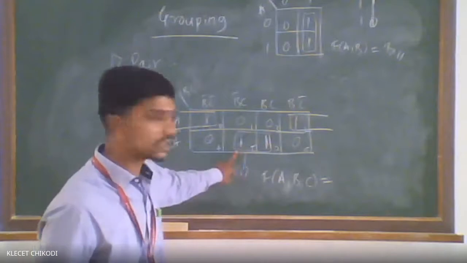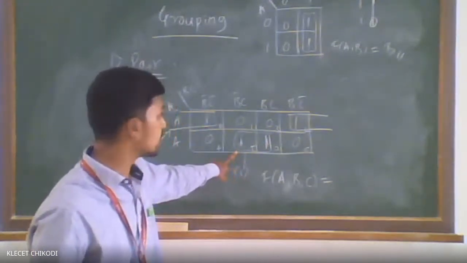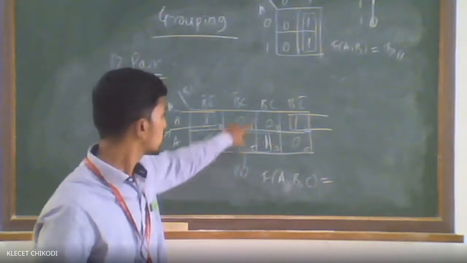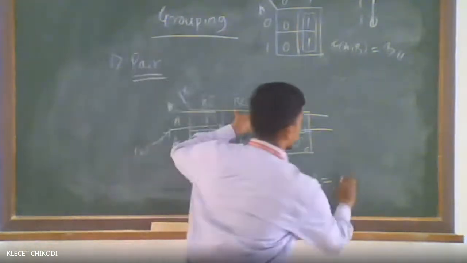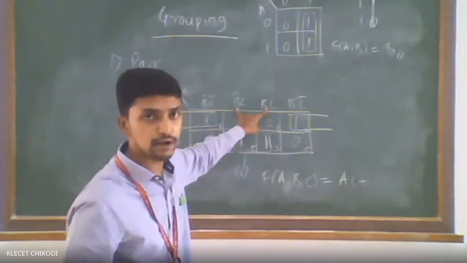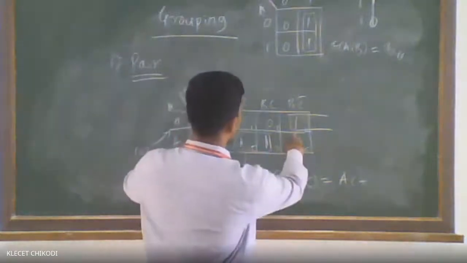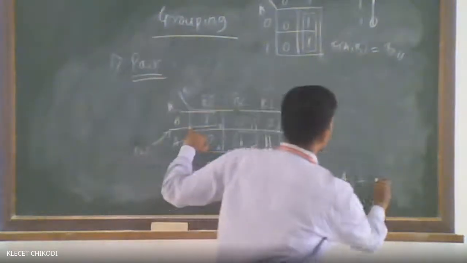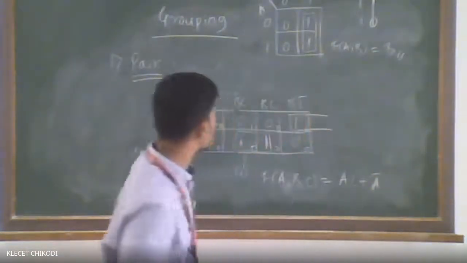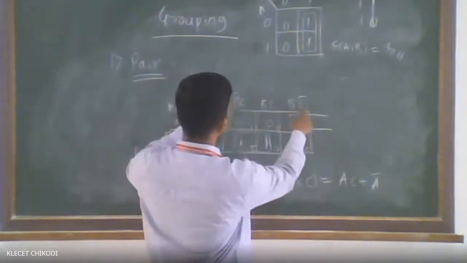For the first pair, what is the value you are getting? A into C. Since there is a value change from B bar to B, we are not considering that. Again, for this pair, that will be A bar as the respective row value and the respective column values are B bar C bar and B C bar.